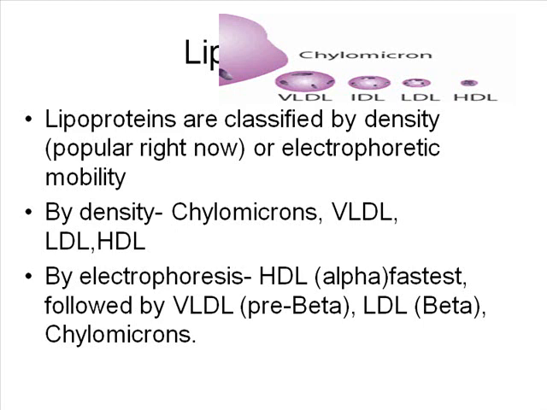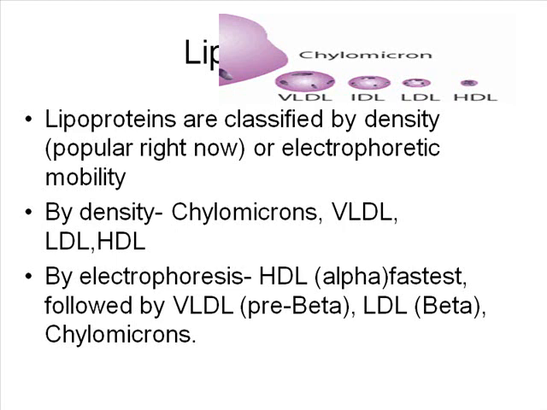Now, when we do an electrophoresis on lipids, HDL is what they call the alpha lipoprotein, or the fastest. It actually goes with the alpha area of a protein electrophoresis. That's why they call it that.